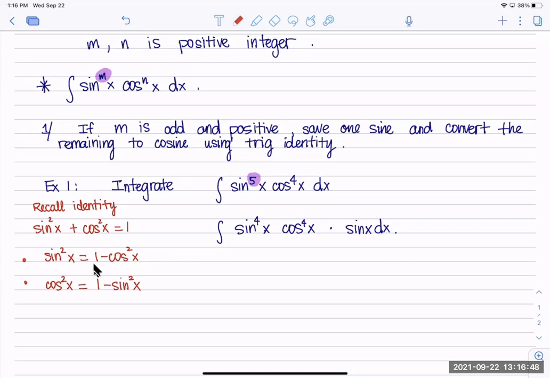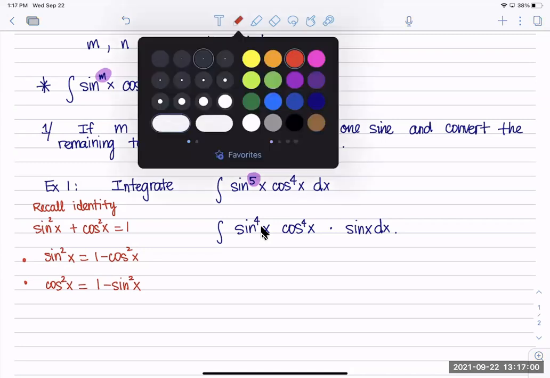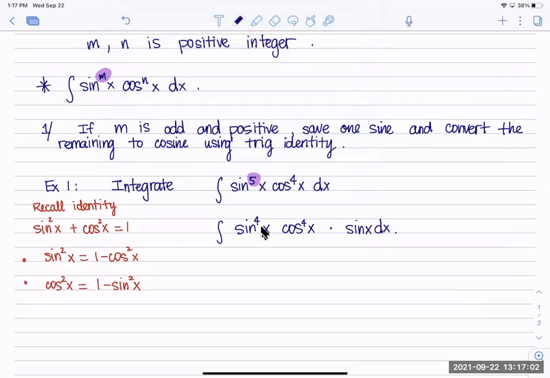However, in this identity I only have sine square, but the trigonometry function here is sine to the power 4. No worry, we can always rewrite it in square form. I can write sine square x to the power 2, cosine to the power 4x, sine x dx.